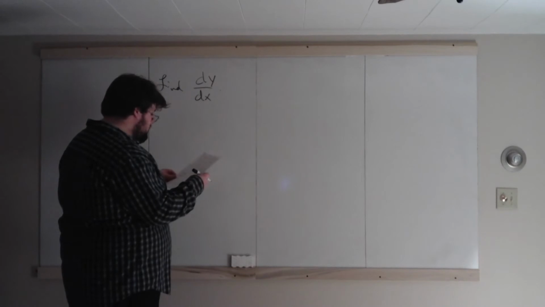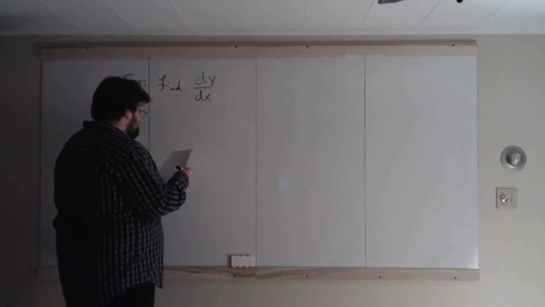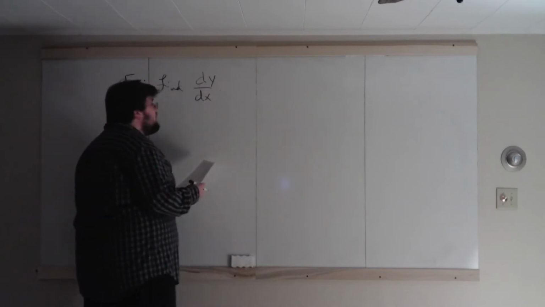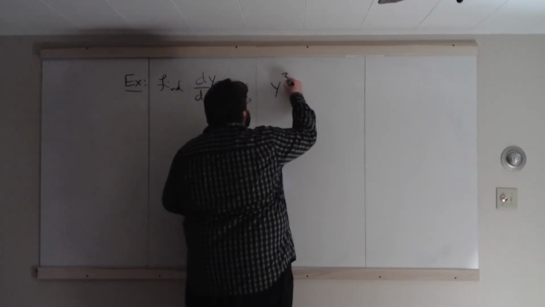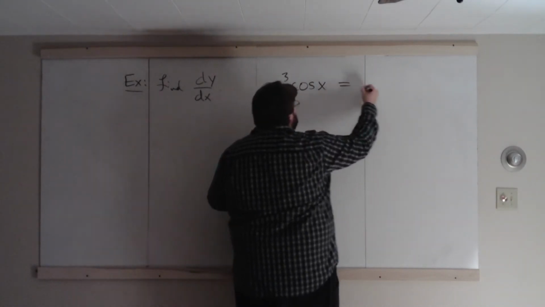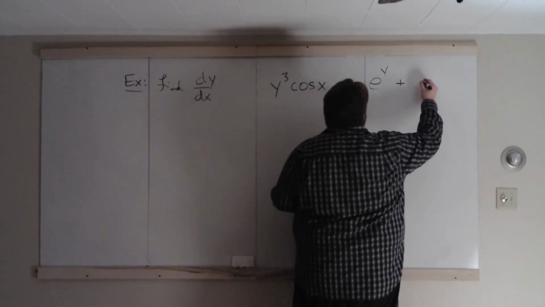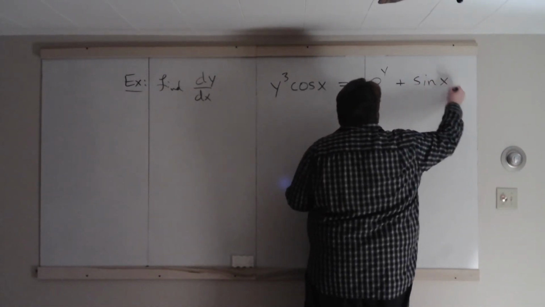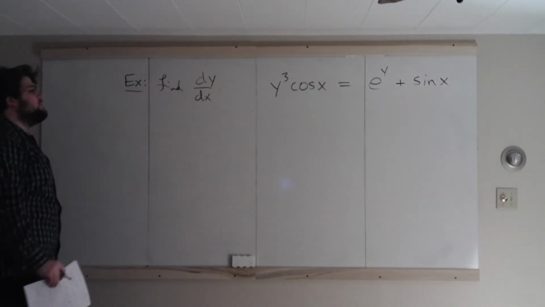I do somewhere. Let's do this example. Find dy dx. I'll still write on this side. Y cubed cosine x equals e to the y plus sine of x.